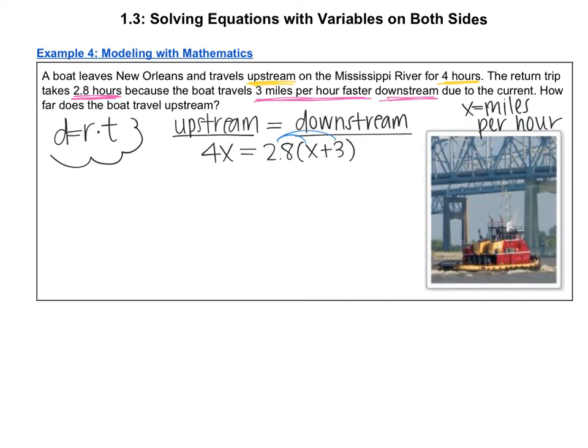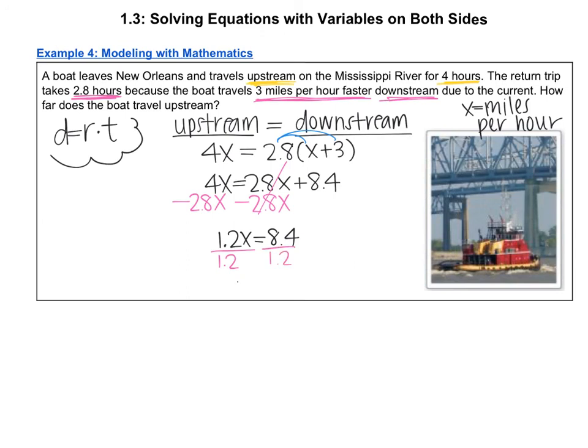So I'll start by distributing, just like always. So 4x equals 2.8x plus 8.4. Let's move the 2.8x because it's attached to the 8.4. So I'll subtract that on both sides. And I'll get 1.2x equals 8.4, and then I'll divide by 1.2.